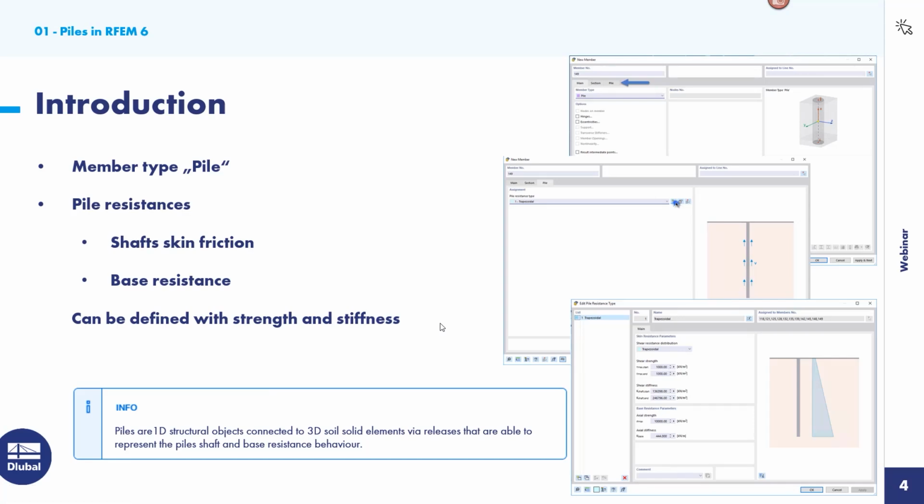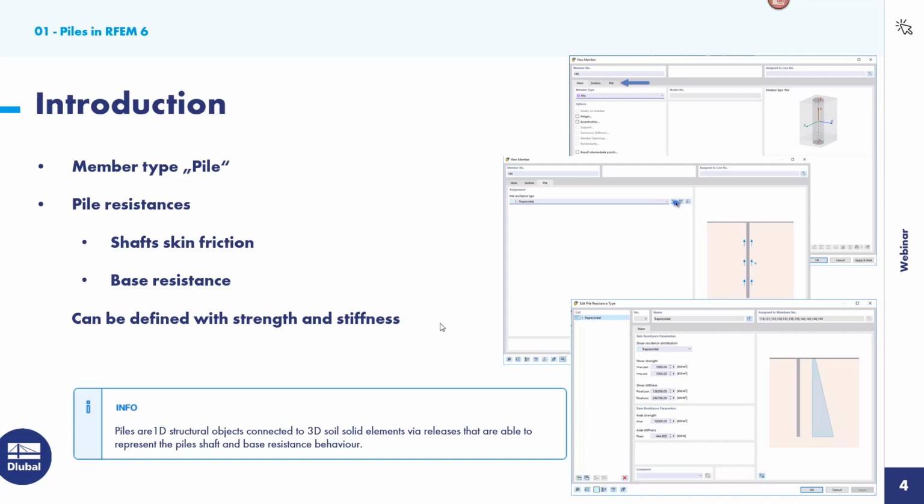If you have the Geotechnical Analysis add-on, it provides the member type pile to you in RFEM 6. The pile resistances, the skin friction and the base resistance, can be defined with strength and stiffness.